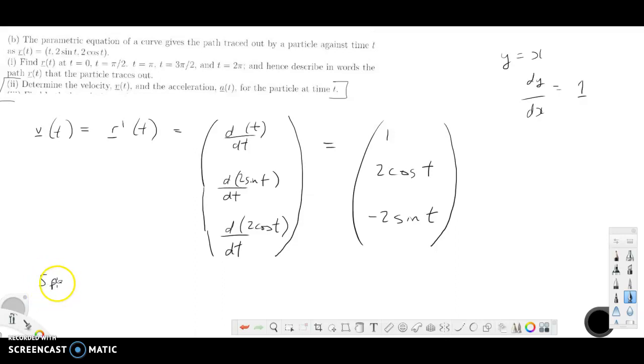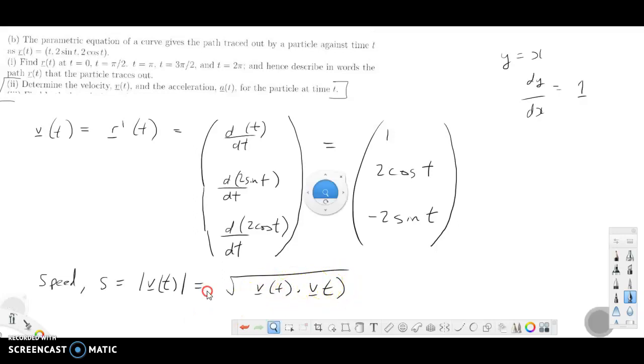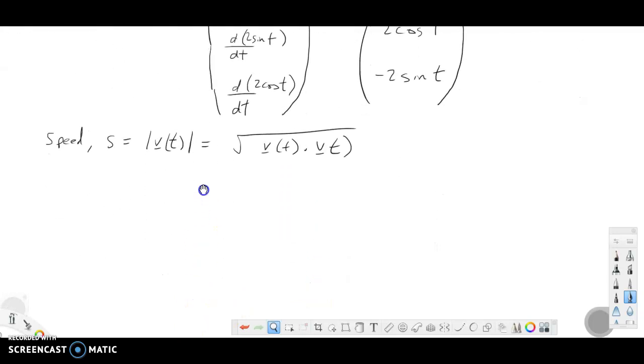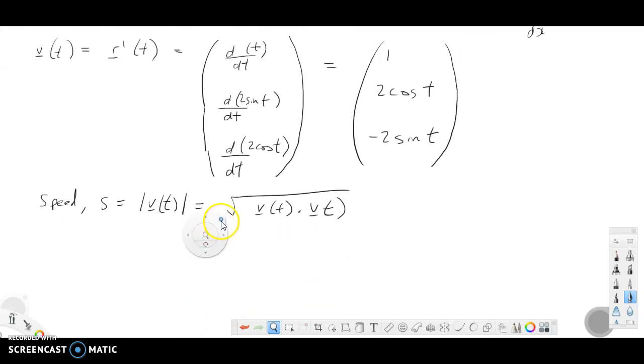So the speed s equals the magnitude of the velocity, something like this, and that's going to be equal to the square root of the dot product. And that all sounds very tough, but basically we'll be doing something like this. So that'll be the square root.